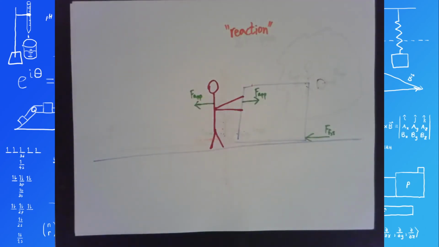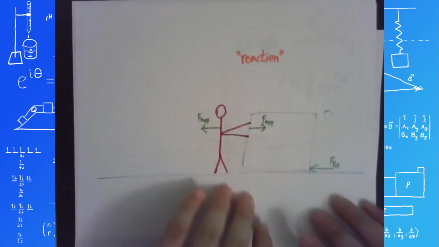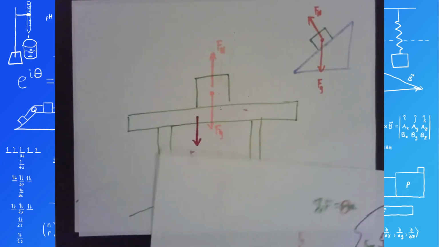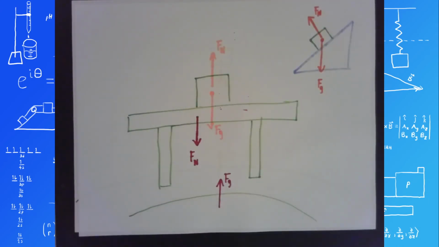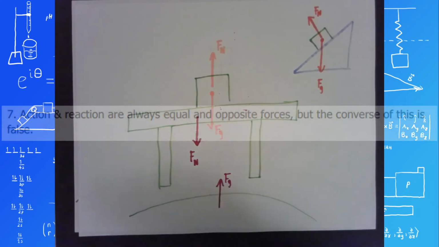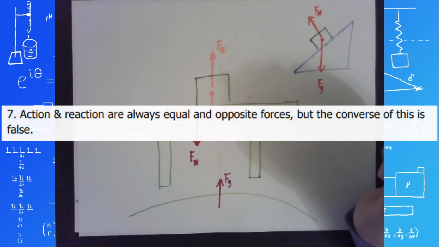That's number 6. And finally, number 7, which I guess takes us back to the example that always bugs me. Number 7, action and reaction are always equal and opposite forces. But the converse of this is false.